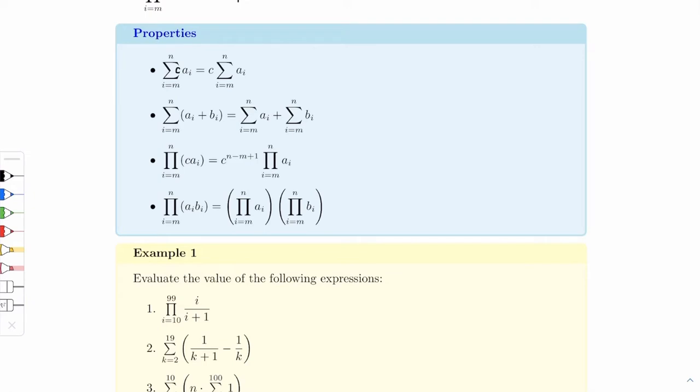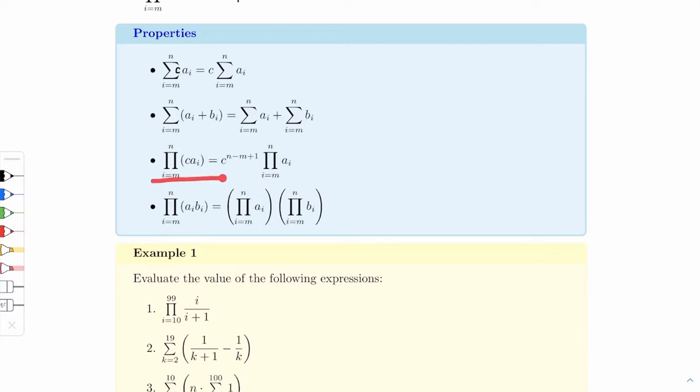That's the first one. The second one, we have sigma of a_i plus b_i equals to sigma of a_i plus sigma of b_i. So if you add them together first and then add everything, and you separately add them, that's the same thing.